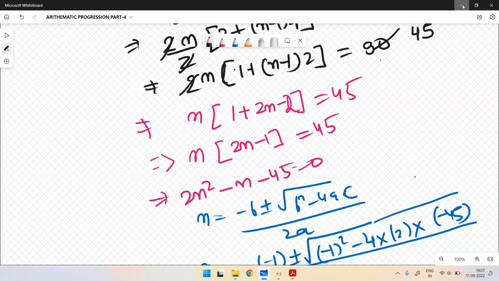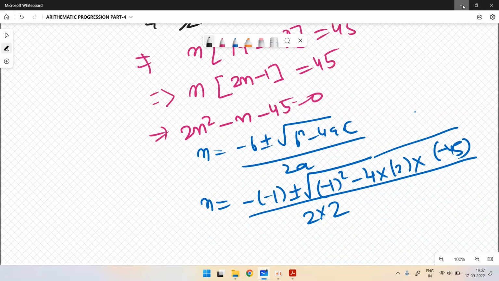This is minus b, so this is minus minus 1. This is minus 1 square, b square, 1 plus 4 into a. This is 2. Oh, sorry, this is a.